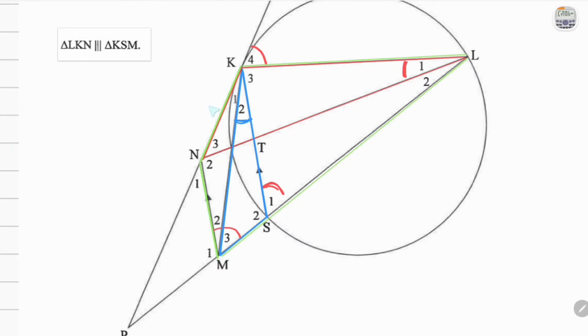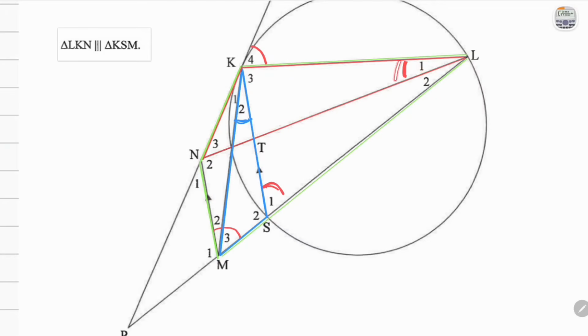Well, first of all, we know that this shape is a cyclic quad. Do you see that from one end of the chord, if we connect it, we have one diagonal here, and then we have another one. With these, we can see that this forms angles in the same segment. So KN is the chord supporting angle M2 and angle L1 in that cyclic quad, so those would be equal.